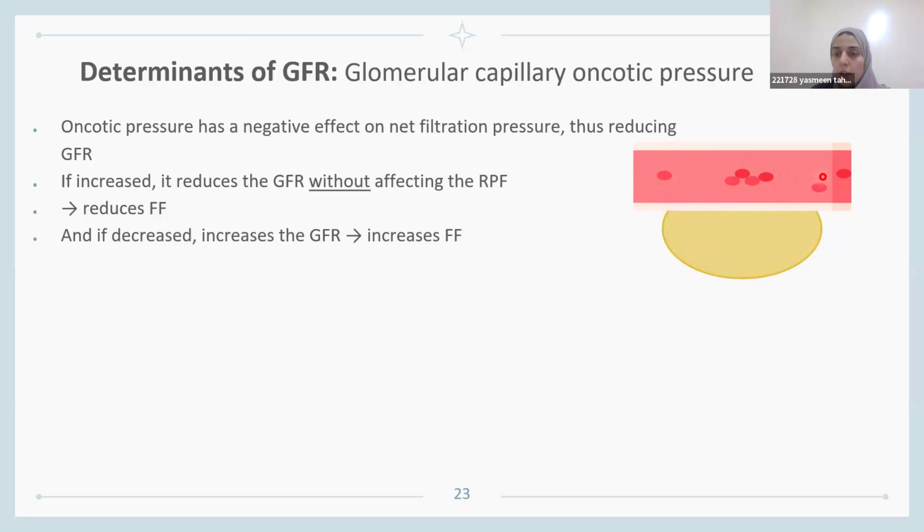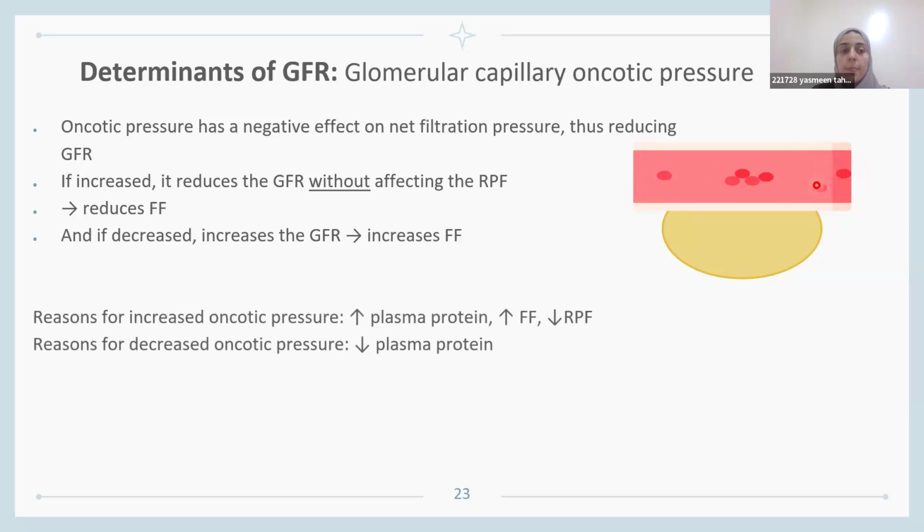By the end of the capillary, you will find that the protein concentration is actually increasing because we are losing fluid into the filtrate, into Bowman's capsule, but the proteins are staying, they are not filtered. So if we compare the beginning of the glomerular capillary with the end, we will find that oncotic pressure at the end is higher, and this is normal, this is physiological.